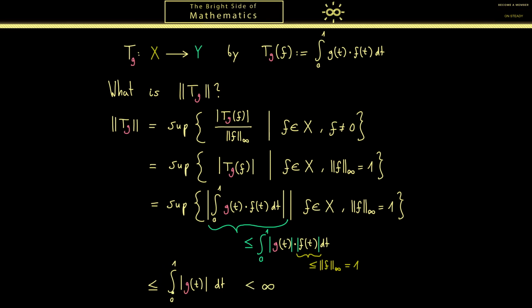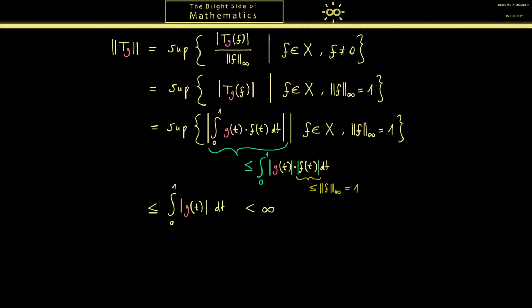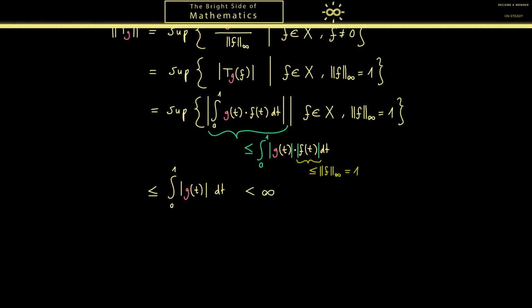The last question that remains is, what exactly is the operator norm of T_g? Do we have in fact an equality sign here, or is the operator norm really less than this integral? In order to answer this question, it's always good to look at some examples, because then you get a lower bound for the whole supremum. And if you do that, you might find that you also can use the function g as an input.